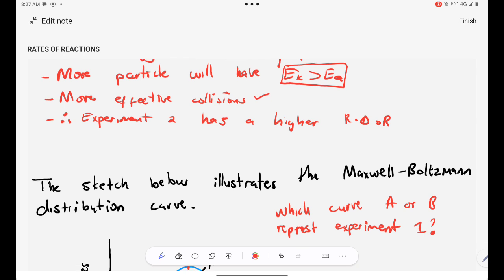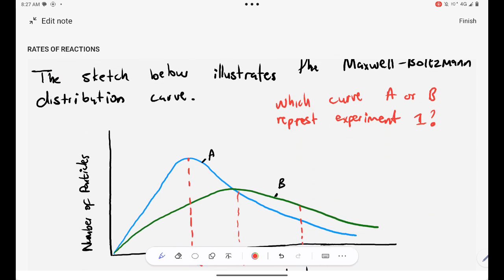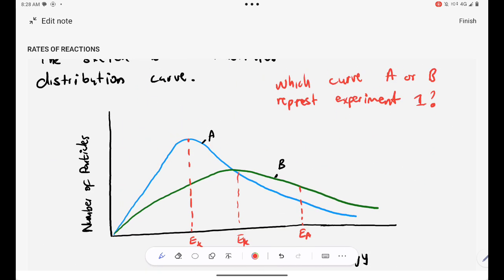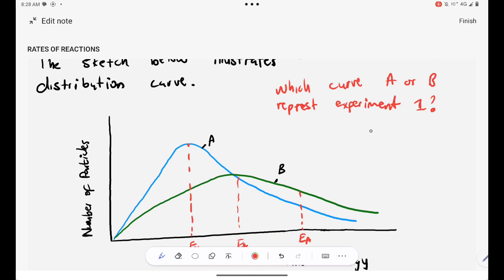Over here, we are being told that the sketch below illustrates the Maxwell-Boltzmann distribution curve. I know that I didn't say much about the Maxwell-Boltzmann distribution curve, but please note that for the basics, on your y-axis, you're just representing the number of particles.